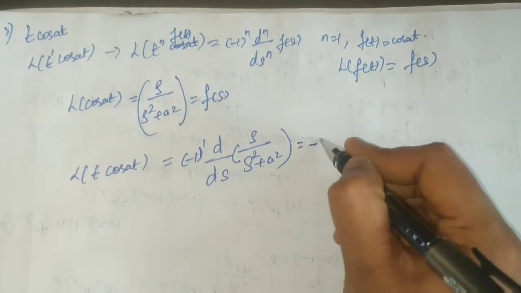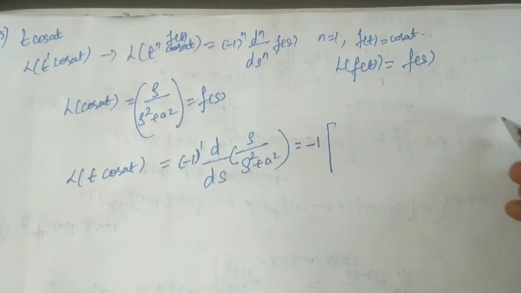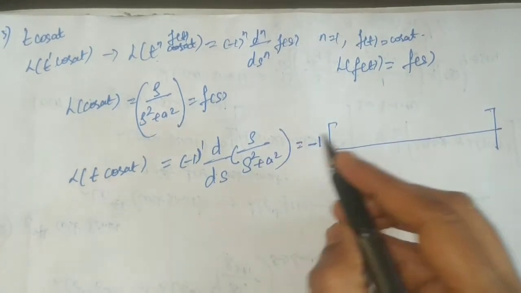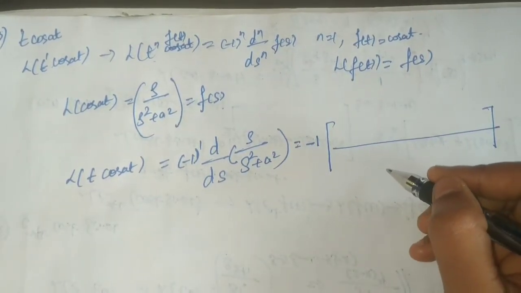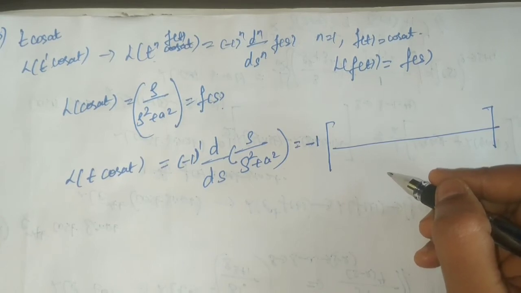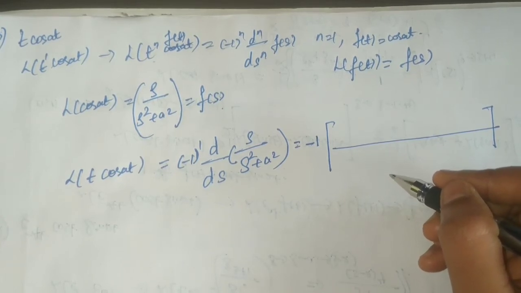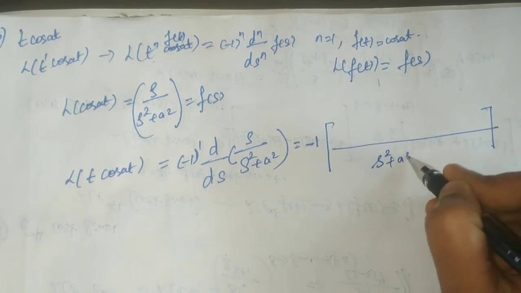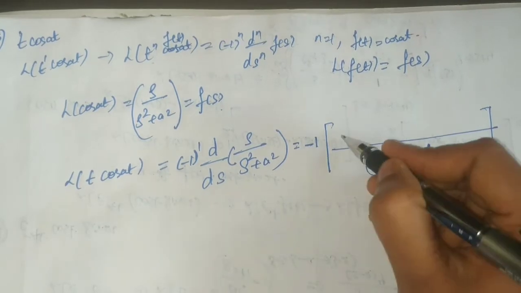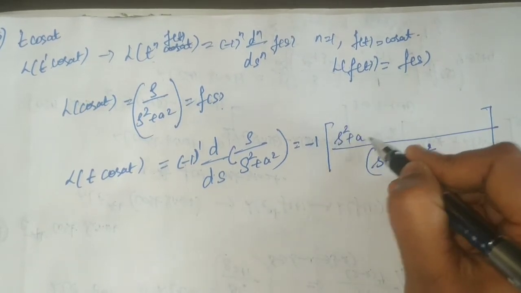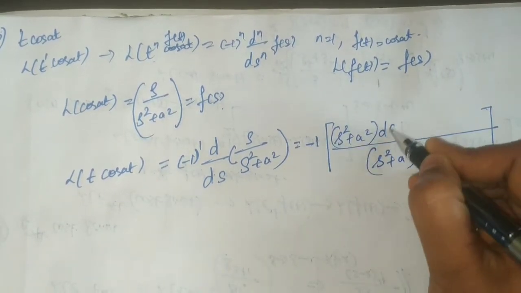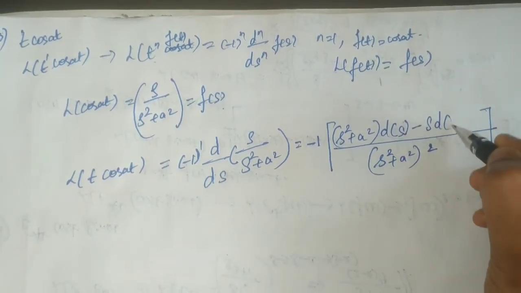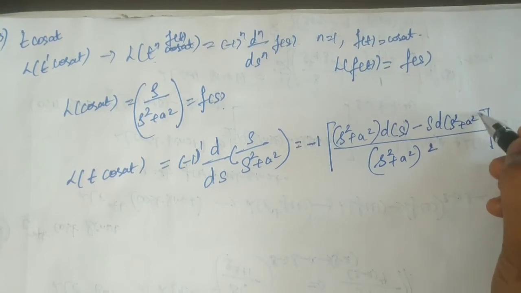So minus 1 power 1 is... you have numerator also s and denominator also s, so you need to apply the p by q form, the quotient rule. So when I differentiate this, it is the denominator square, s square plus a square the whole square, denominator into differentiation of numerator minus numerator into differentiation of denominator.